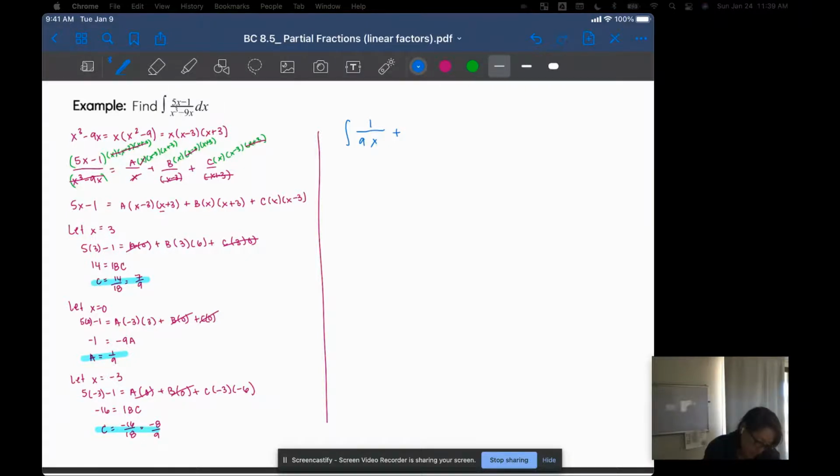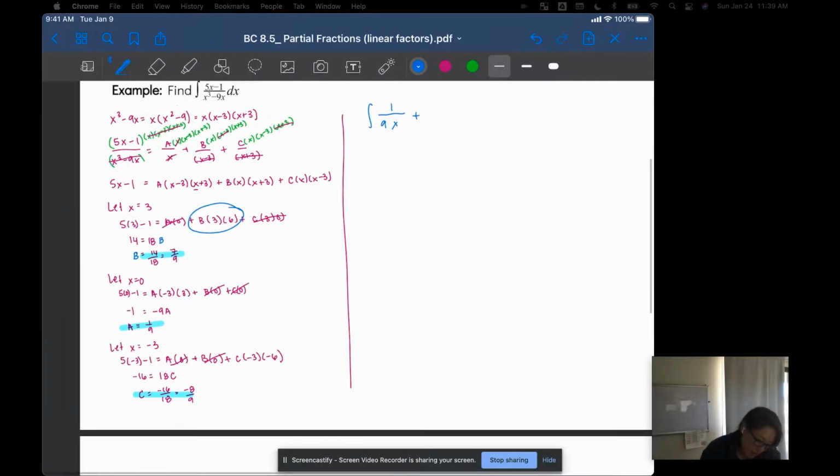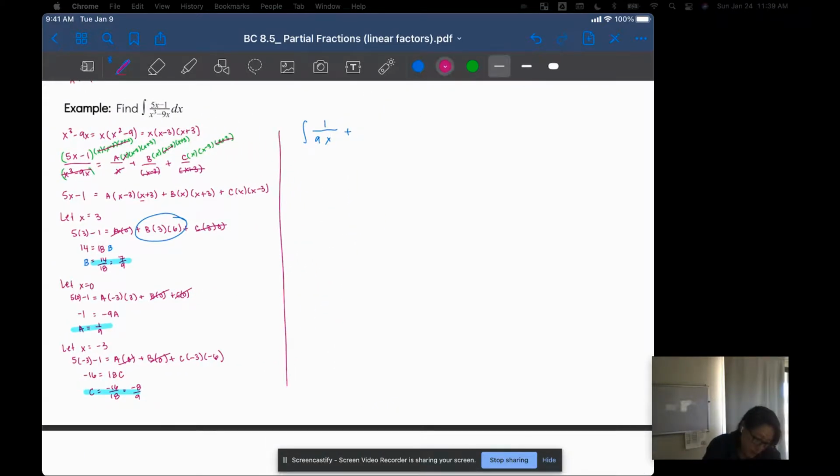I see. This should be a b right here because I canceled out the c and not the b. Okay, so this should be 7 over 9 times the denominator x minus 3 plus c. So I actually am going to subtract 8 over 9 times x plus 3 dx.